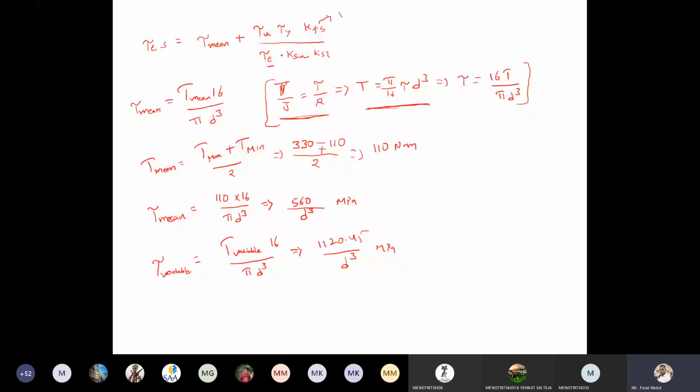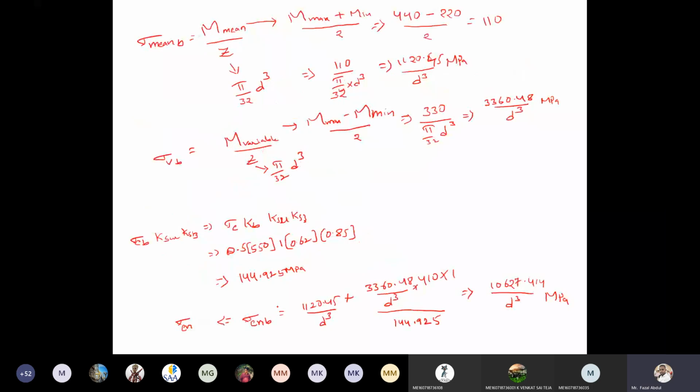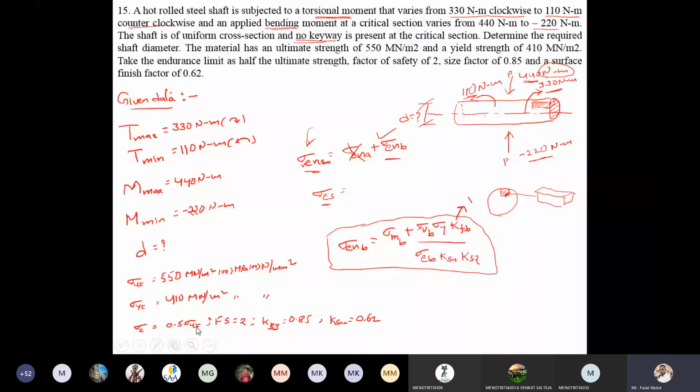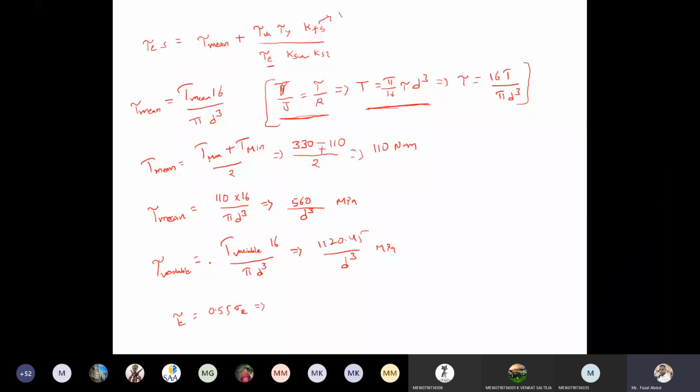To calculate this, the endurance limit in shear is 0.55 into the endurance limit. But for the endurance limit, what is given in the question? Endurance limit is 0.5 times ultimate tensile strength. So this equation again: 0.55 into 0.5 times ultimate tensile strength.